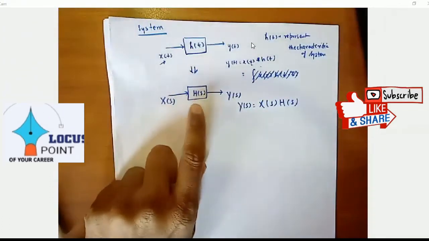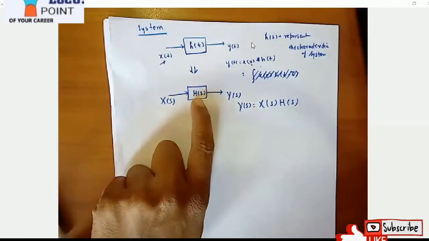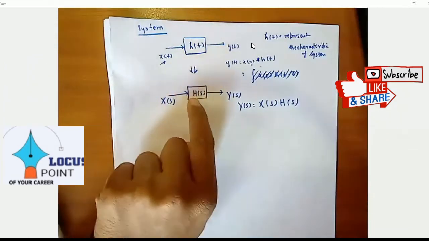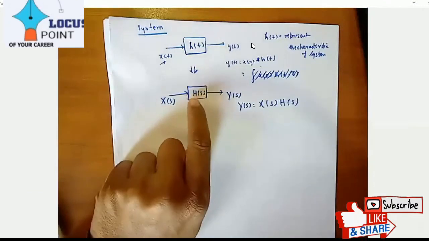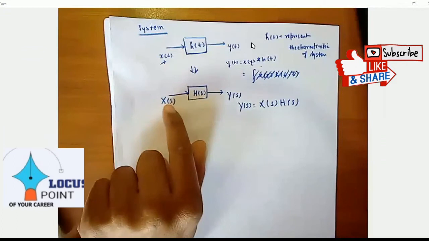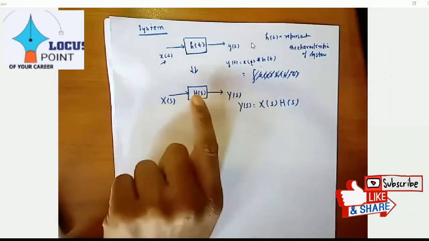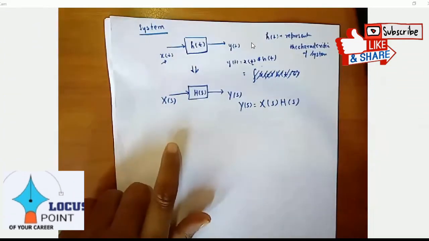Please understand that if h of s is given, that is the impulse response, a characteristic of this system. If x of t is given, you can calculate x of s, or maybe x of s is given, so y of s is simply the multiplication of the impulse response and the input. Clear? I hope everybody understood.